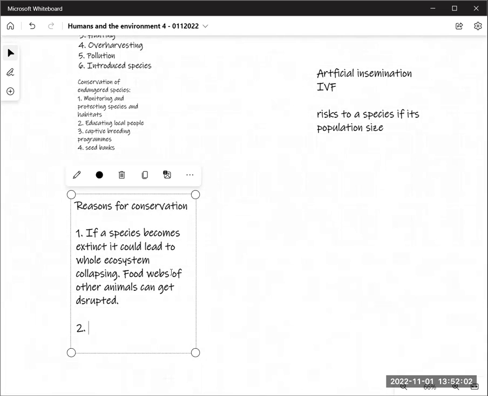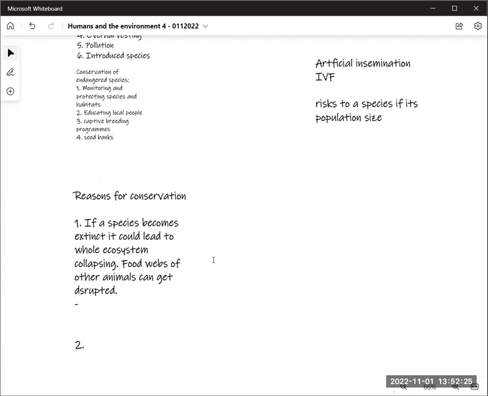Second one. Or just write in this, you need to write a few things. If a species becomes extinct, it could lead to a whole ecosystem being destroyed.